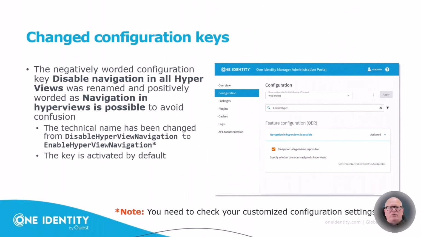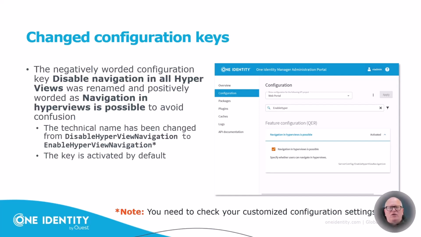And last but not least, we have here a changed configuration key. In the past, for specific features in the portal, there was the capability to disable the hyperview navigation. To streamline that so that everything works in the same way, the wording of that disable setting was reverted and inverted so that it is possible to use the hyperview navigation.